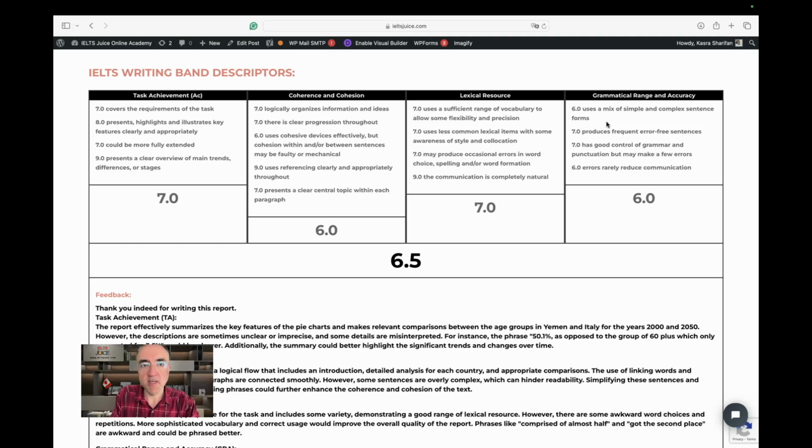I can say this essay needs more work, better connectors, and in general, we need maybe a better organization and arrangement of the visuals and the paragraphing. So we actually came up with an improved version of the same report. Click on the description and you will see a link that will take you to the IELTS Juice website.